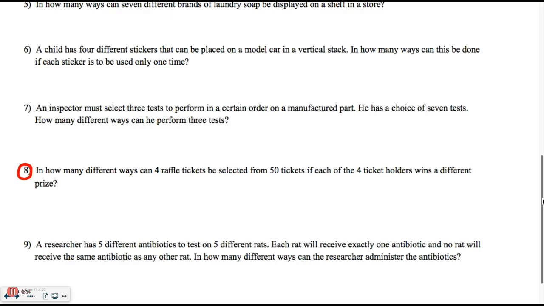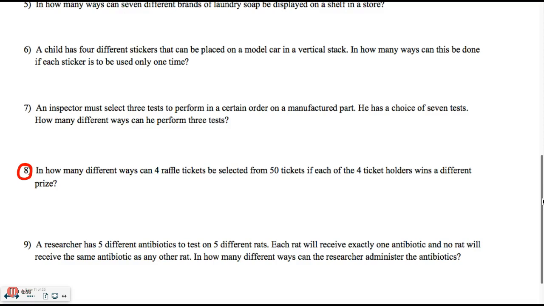In how many different ways can 4 be selected from 50 tickets, if the 4 ticket holders each win a different prize? So the order matters, because if you're picked first, you get maybe a better prize than if you're picked 4th. Now, if they were all the same prize, then it doesn't matter whether you were picked 1st or 4th, and that's the next lesson.